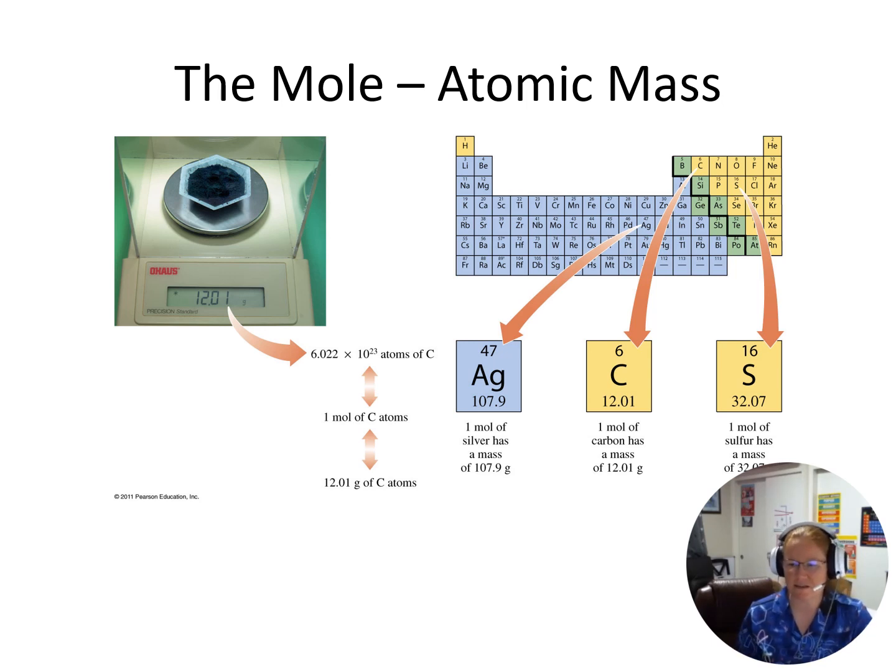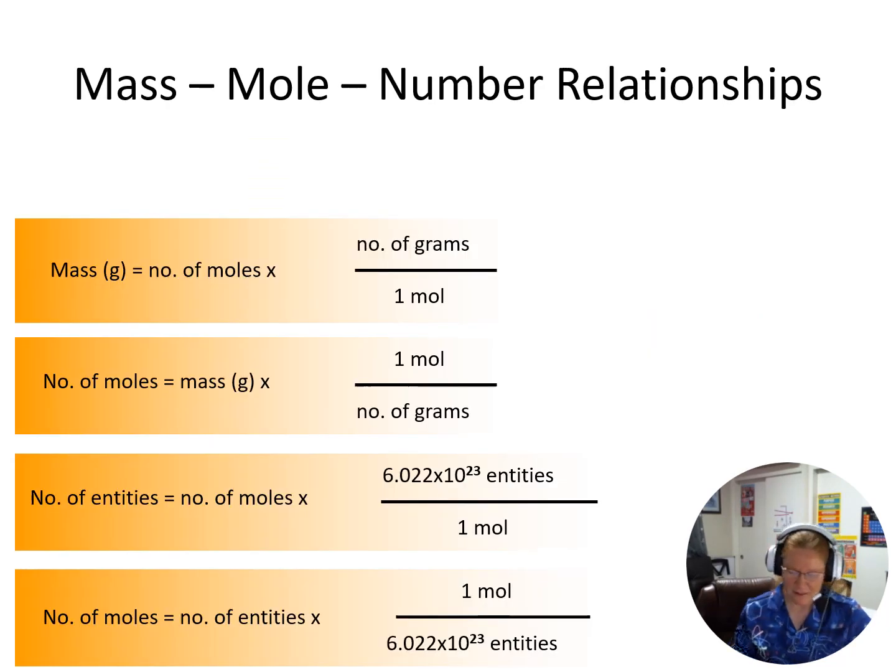And so because there's an exact number of entities per mole, when we start making these comparisons and doing calculations, we can get to moles and compare between things because I have the same number of entities per mole. Okay, and so here's some of my relationships. If I want mass, I take moles times grams over mole, so moles cancel out.